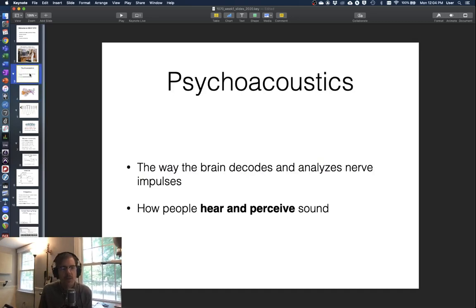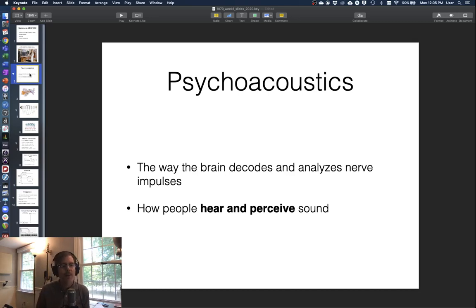In psychoacoustics, we basically understand how the brain decodes and analyzes nerve impulses, and we describe how people hear and perceive sound. This is an important distinction to make because humans experience sound differently than other animals. Inanimate objects, of course, don't hear.